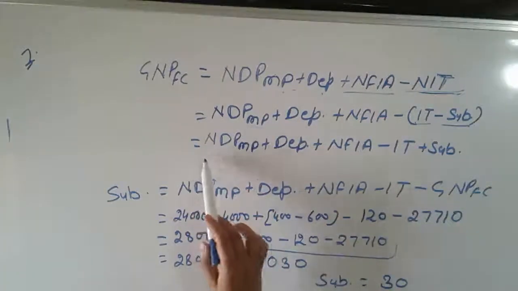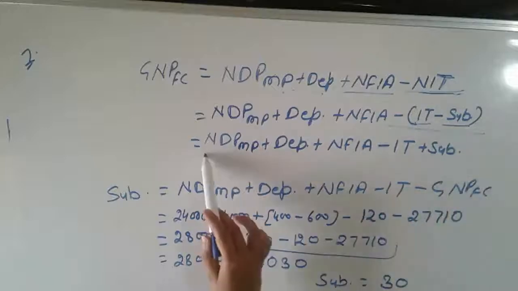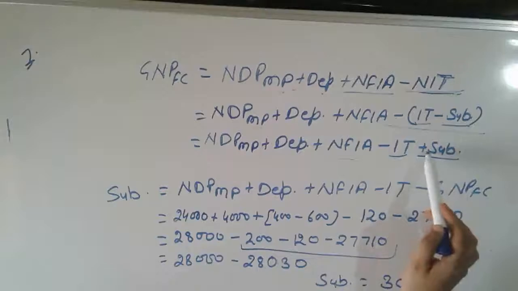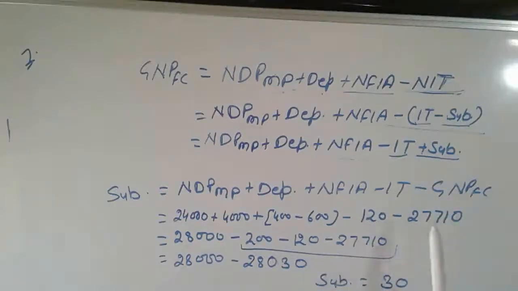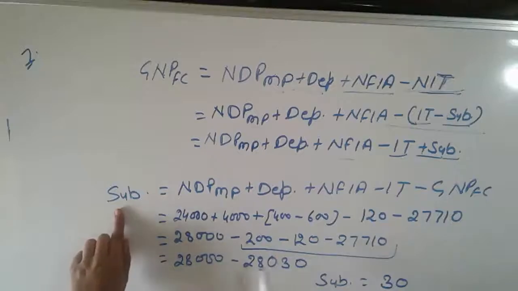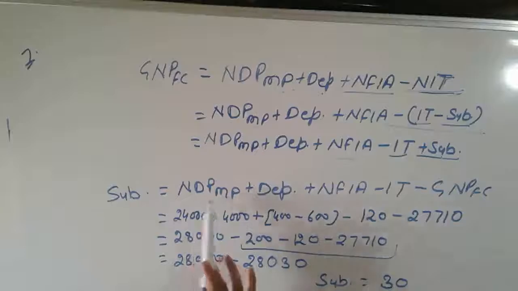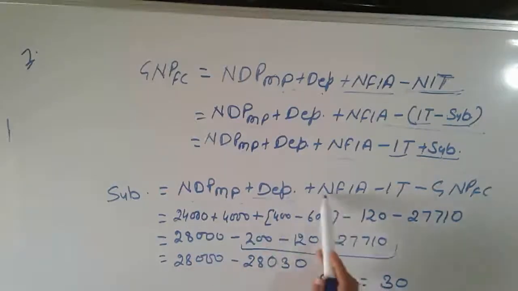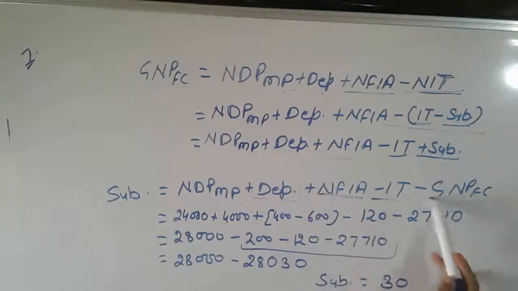Now open this bracket: minus IT and minus subsidy will become plus subsidy. So first we take the subsidy to the left hand side and the other remaining variables to the right hand side. Then we will put in the values of NDP at MP, depreciation, NFIA, indirect tax and GNP at FC.